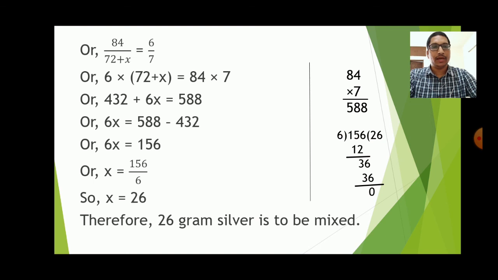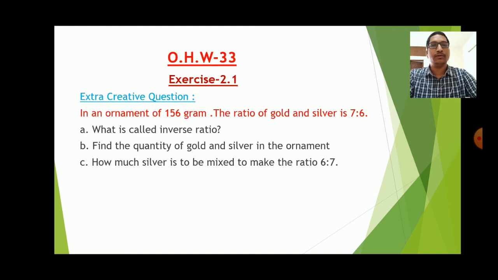Now students, write your OSW. OSW extra creative question: In an ornament of 156 gram, the ratio of gold and silver is 7:6. First question, what is called inverse ratio?